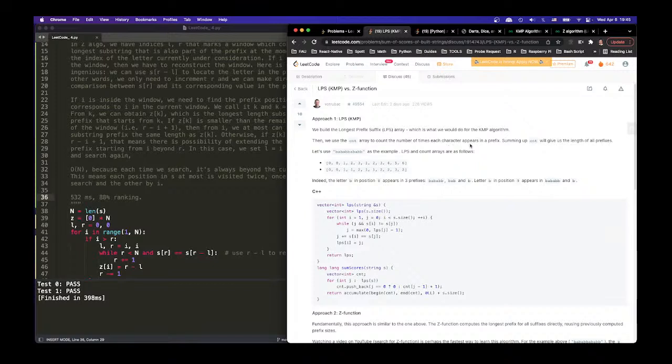Summing up count will give us the length. Number of times it appears. So we add each position.